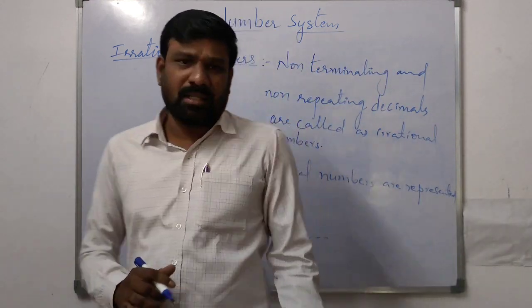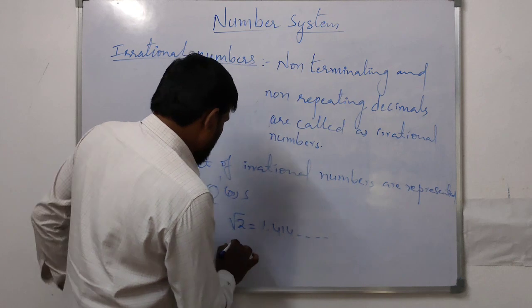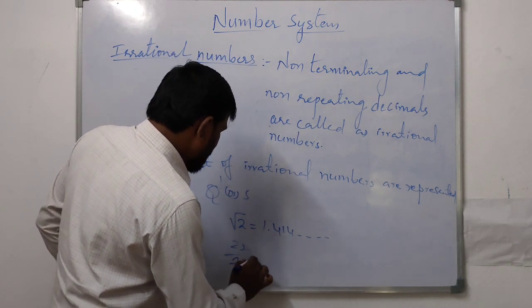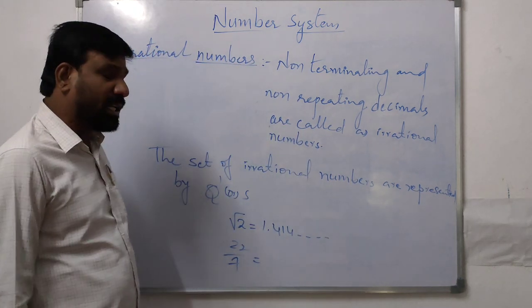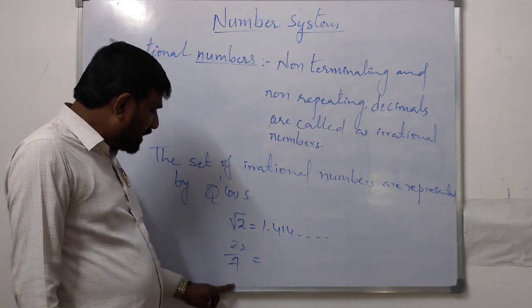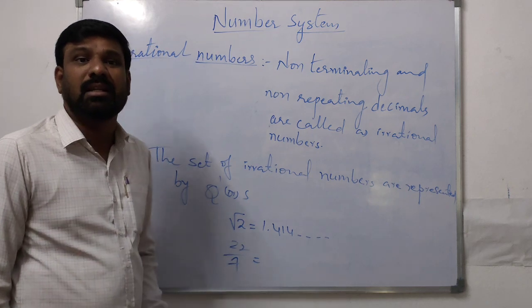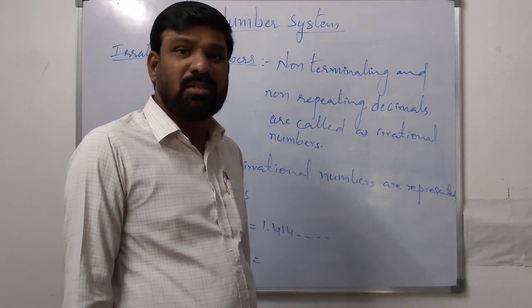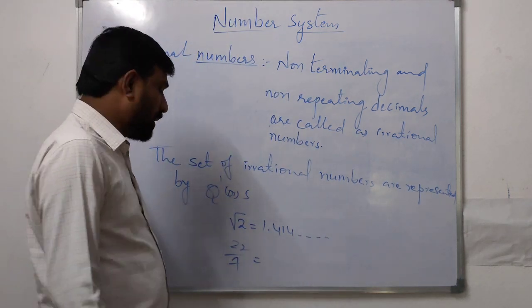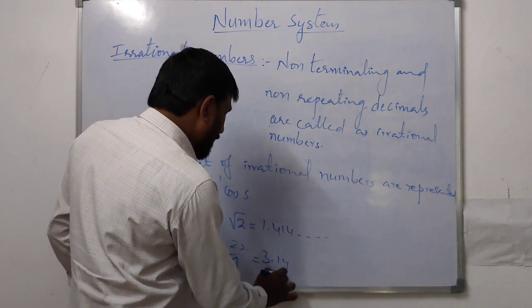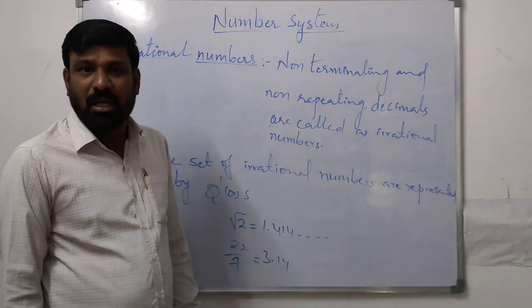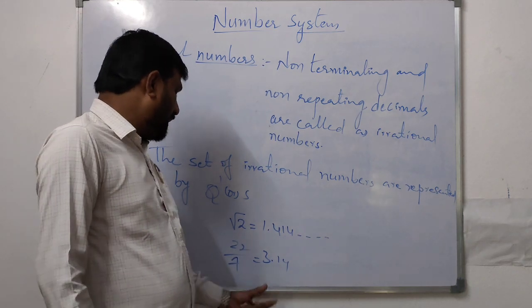Generally we take 22 by 7 as pi. 22 by 7 is an irrational number. This is generally a representation of a rational number, but this value is an irrational number. 3.14 we take approximately, not exactly, as the approximate value of pi.